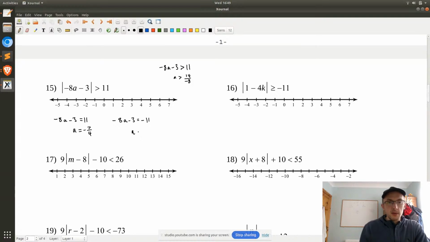Negative 8a equals negative 8. So a equals 1. So we know negative 7 over 4 and 1 will be involved. Like that. Hollow, please.